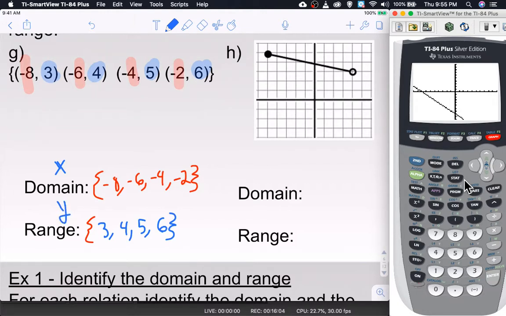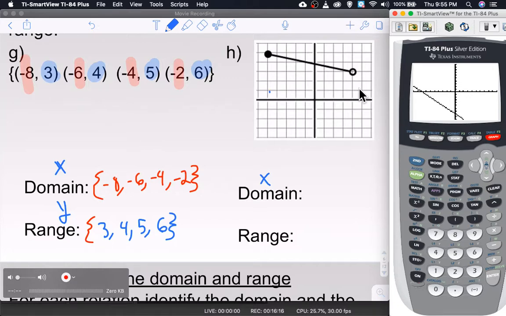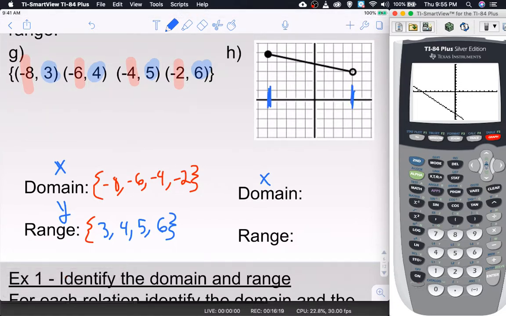Letter H. I like this problem because it's a good example of domain and range. Okay, so the domain, again, is your x values. This function here exists only from here to here in the x direction. So what x numbers does it go through?